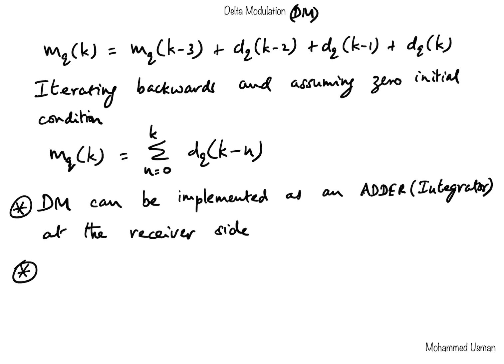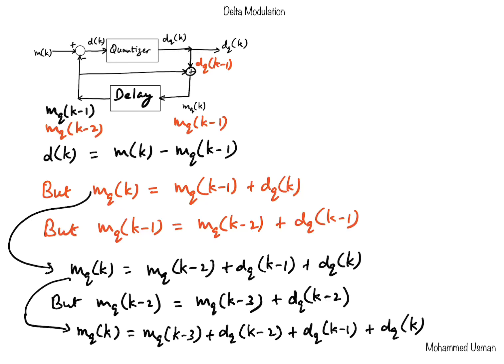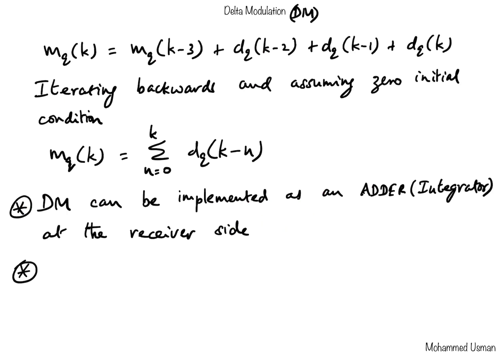And at the transmitter side, if you notice, all it is doing is taking a difference, or subtracting the sample value and the previous sample value, which is obtained from the delay. Let me rephrase that sentence.